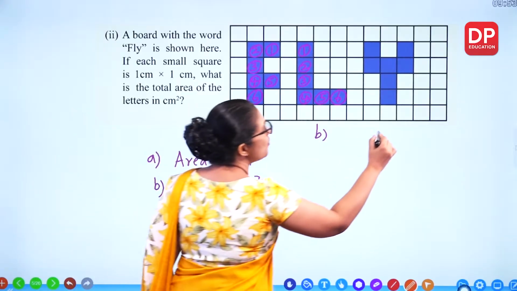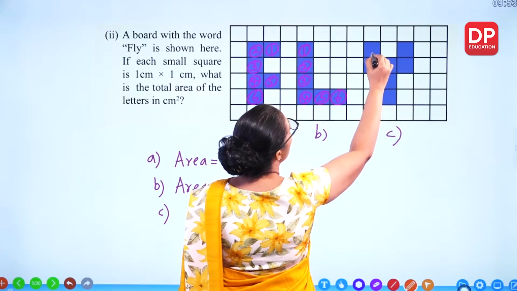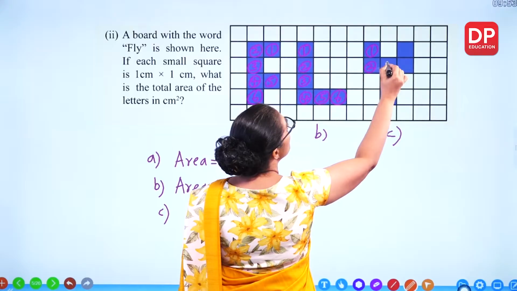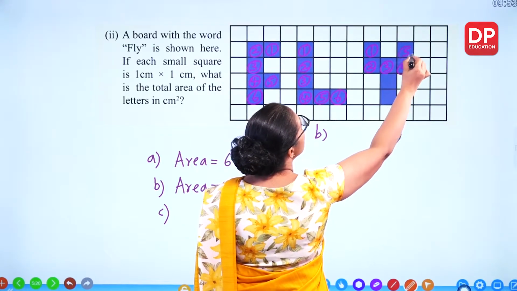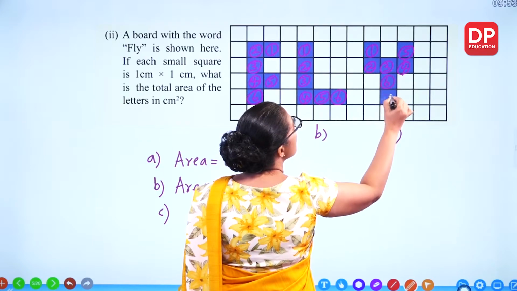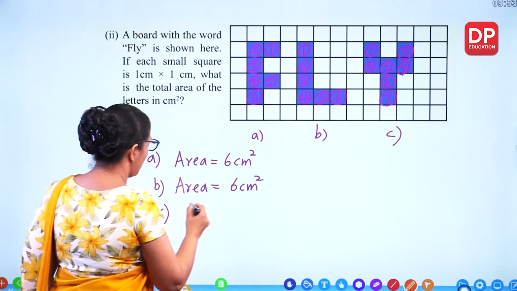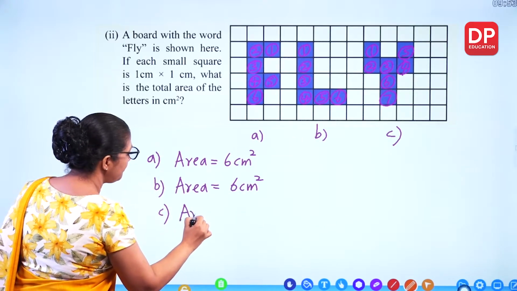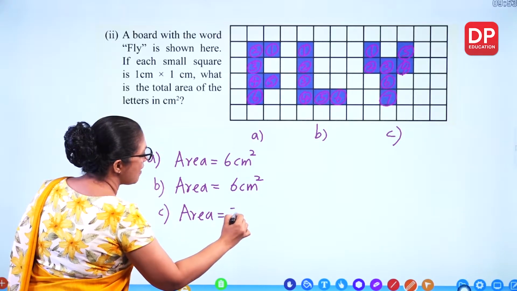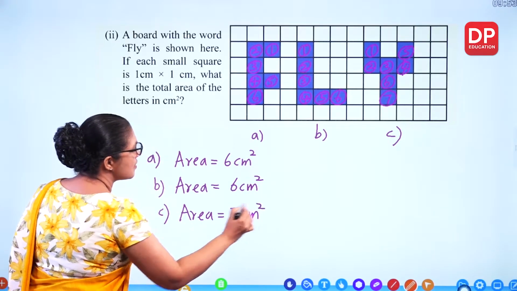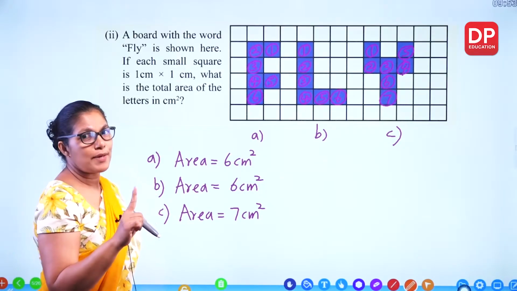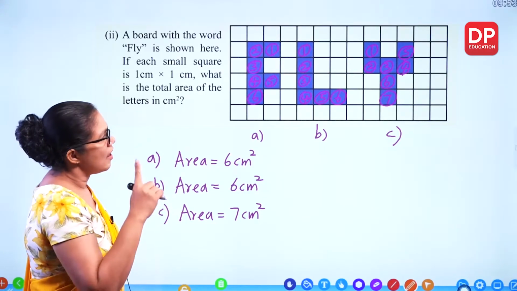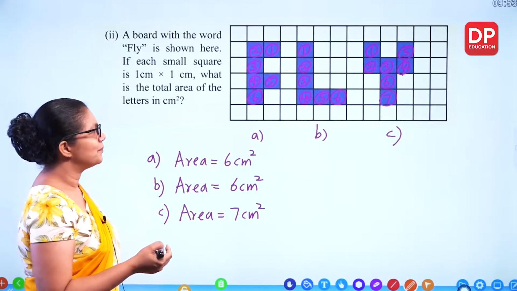What about the third one? 1, 2, 3, 4, 5, 6, 7. What's the area? 7 square centimeters. So we know 1 square means 1 square centimeter. Count how many squares are there.